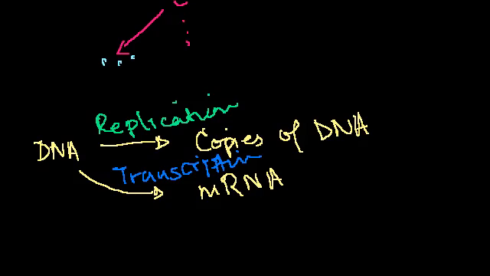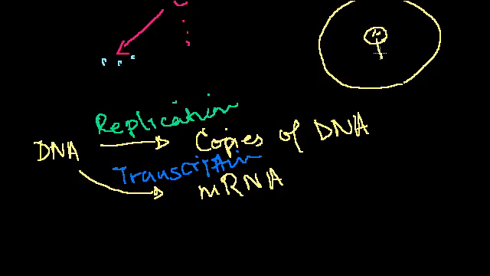Now, when the mRNA leaves the nucleus of the cell, let me just draw a cell just to hit the point home. If this is the whole cell, and we'll do the structure of a cell in the future, the nucleus is the center. That's where all of the DNA is sitting, and all of the replication and the transcription occurs in here. But then the mRNA leaves the nucleus, and then inside the ribosomes, which we'll talk about more in the future, you have translation occur, and the proteins get formed.